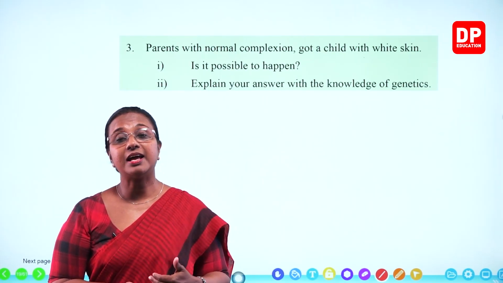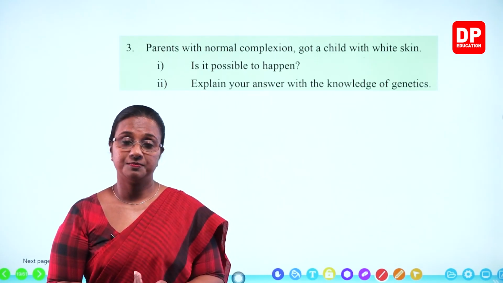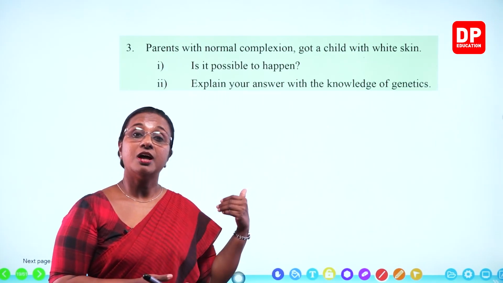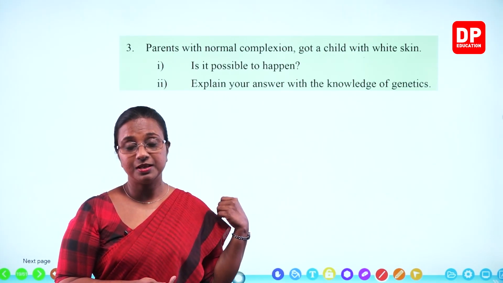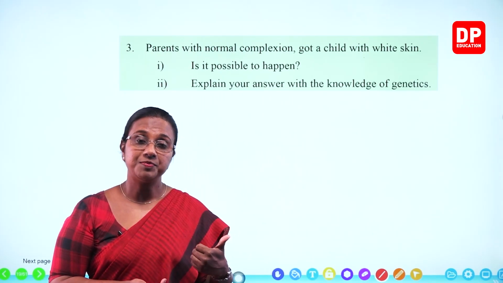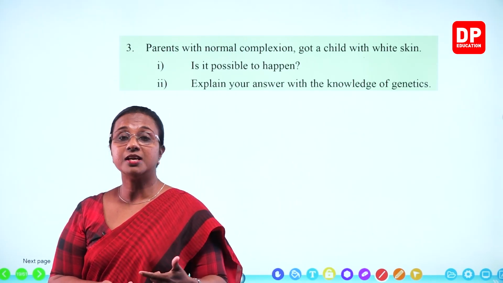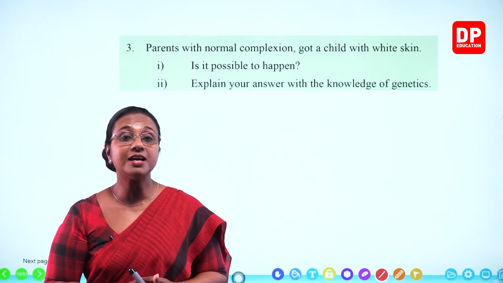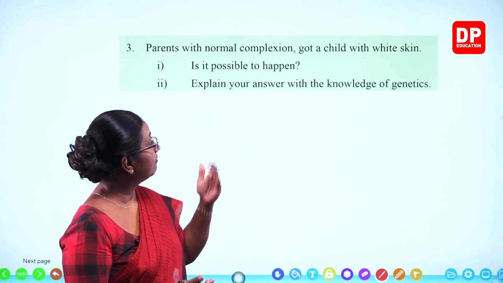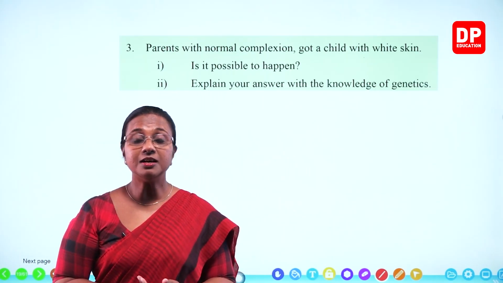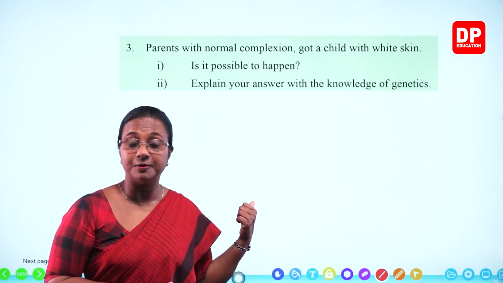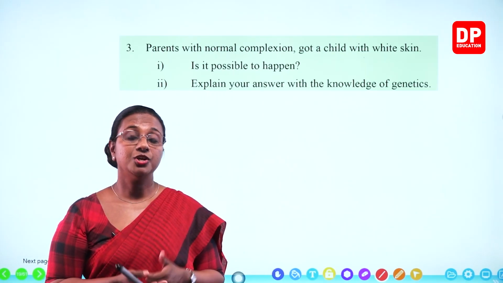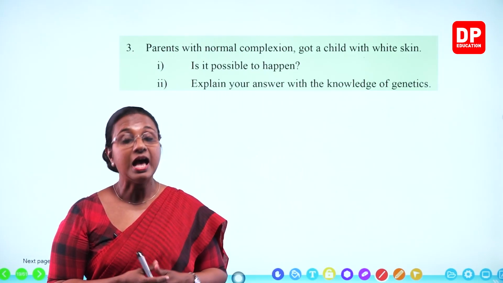So, if a characteristic skips a generation, then also you can get it in the next generation. Now, for example, we saw in the previous one, capital B. Simple B is not expressed in the first generation, but it is expressed in the second generation. Like that, the white skin may not be expressed in the first generation. They are the parents here, but it is expressed in the next generation. So, that is also possible.